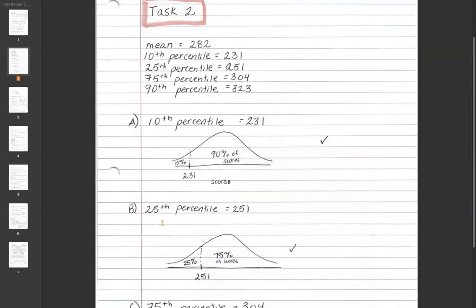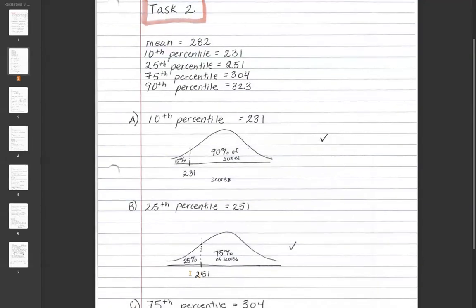What does a 25th percentile equal to 251 mean? If I were to draw this out, I'm going to plot where 251 is, and I know it's the 25th percentile. That means 25% of the scores fall below 251, and then 75% fall above.